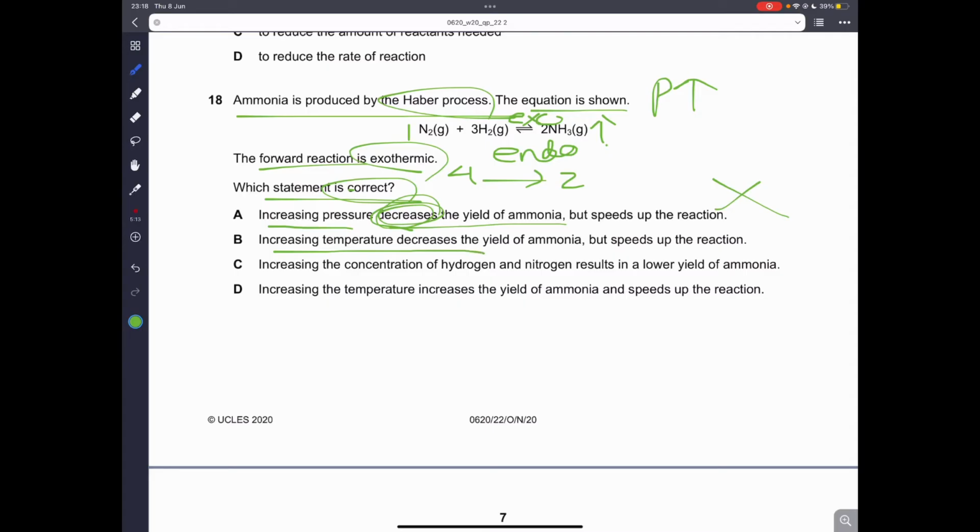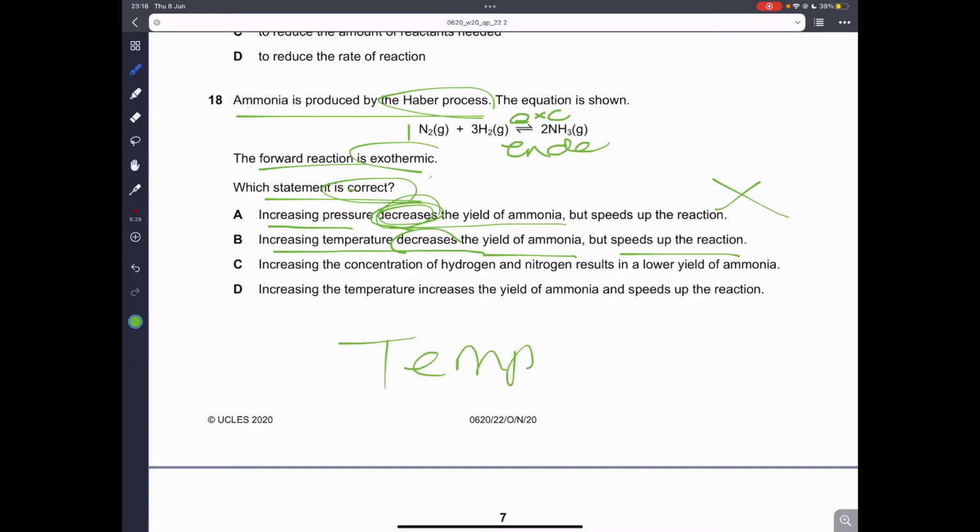Okay, increasing the temperature decreases the yield of ammonia but speeds up the rate of reaction. Okay, now the pressure is done. We have to know the exo and endo. Increasing temperature, remember, favors the endothermic change, and so the backward reaction is the endothermic change, and therefore the ammonia is being converted back to the reactants.